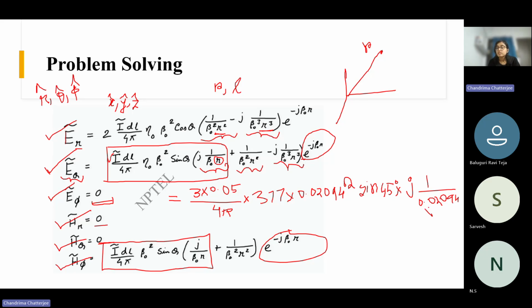So multiplied by 2000. Can you calculate this and tell what is the value? This whole thing.